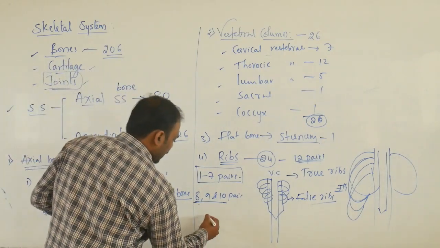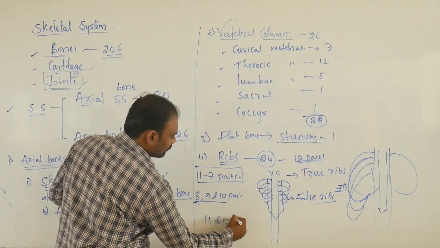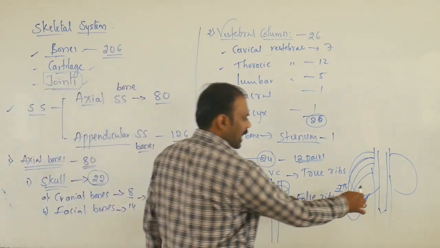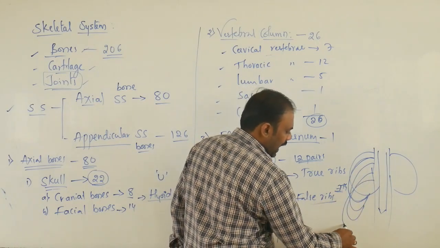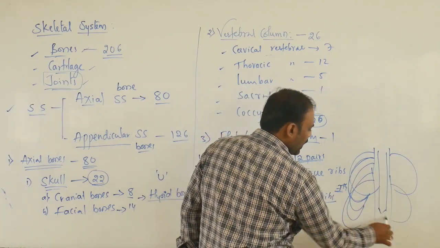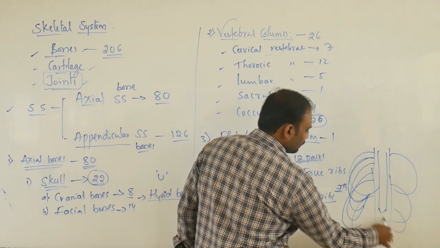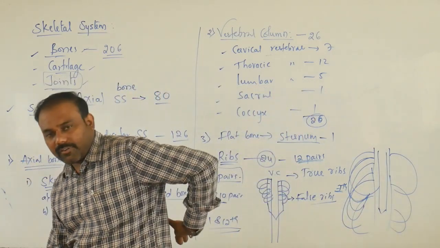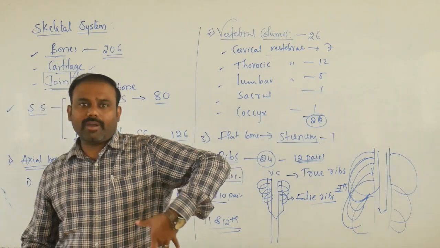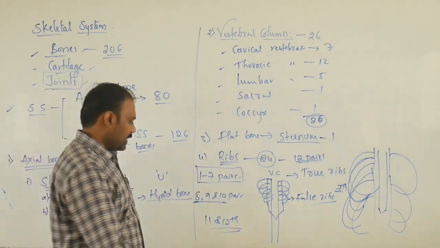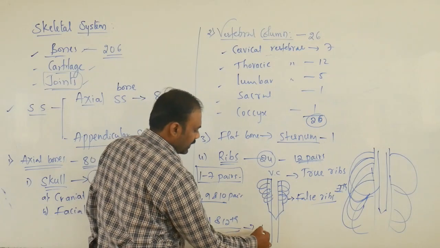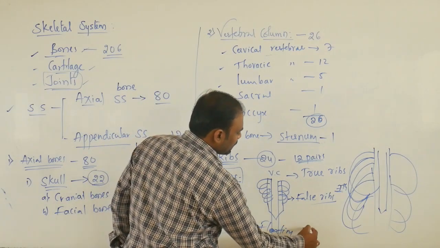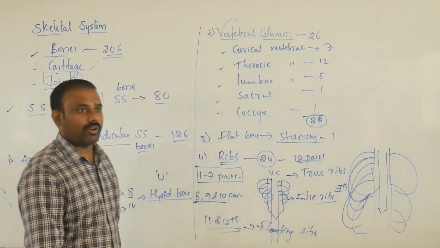And last, the 11th and 12th pairs arise directly from the vertebral column and are nowhere attached to the ventral region or to the sternum. Hence, the 11th and 12th ribs are called floating ribs. Why floating ribs?